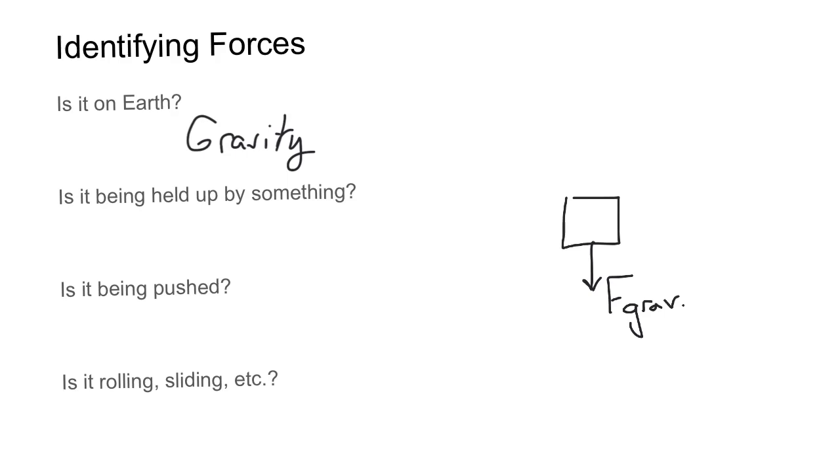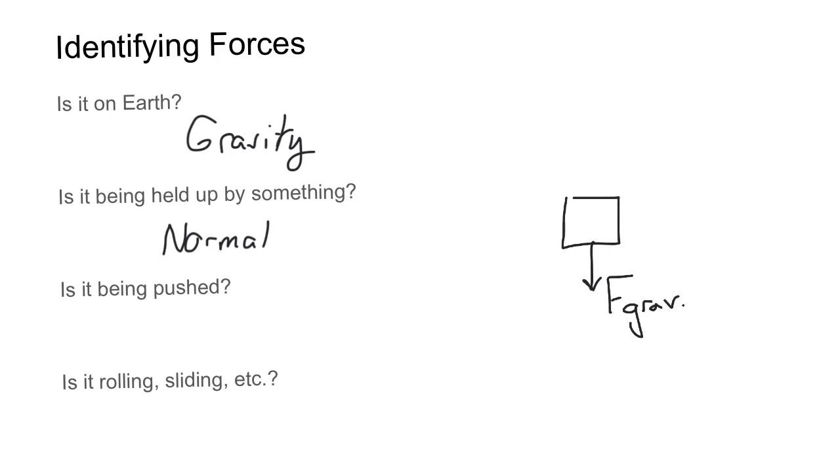And then we need to ask ourselves, is it being held up by something? Is that object being held up by a table or the earth, or by the floor? Is it being held up by the roof? Because if it's being held up by something, then we have the normal force acting on it.